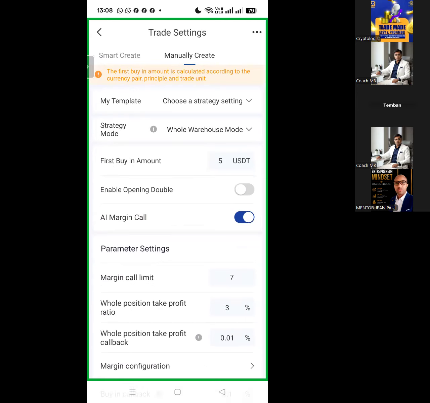Okay. So I can see Cryptologist has raised his hand. Cryptologist, you are free to unmute. Let me give you the permission. I hope you can unmute. Okay, let me change the host also.